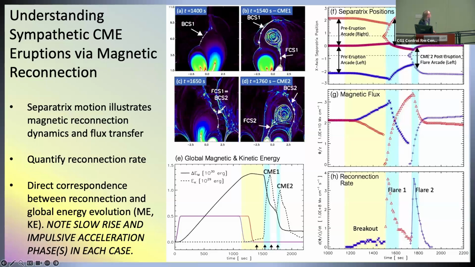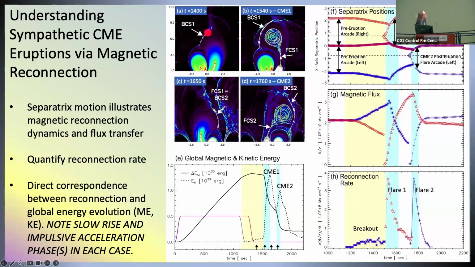And so just in case those movies were too fast, which they certainly were, here it's broken down into bits and pieces. So there are four things happening here in terms of reconnection. First, this is the same kind of pseudo-streamer reconnection we talked about in the slow solar wind case, but now it's being driven by the fact that you've got something like a CME trying to go off under your closed flux system.